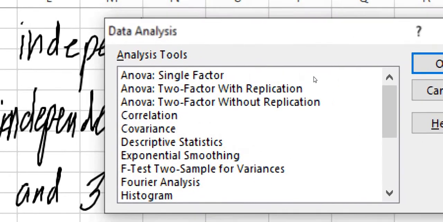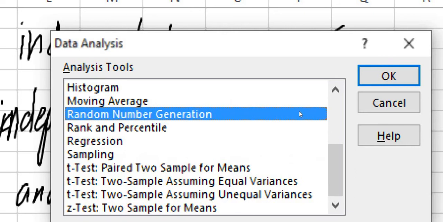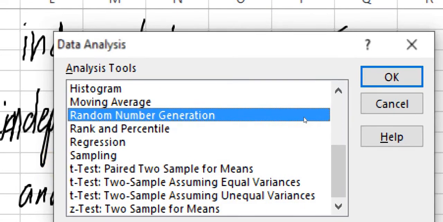Alright. There we go. So here, as you can see, we have actually 3 t-tests, and we have seen this before. We have t-test paired 2 samples for means, t-test 2 samples assuming equal variances, t-test 2 samples assuming unequal variances. Now, the paired 2 samples is what we had in the previous video as for the dependent samples. So the other 2 is what we will use.